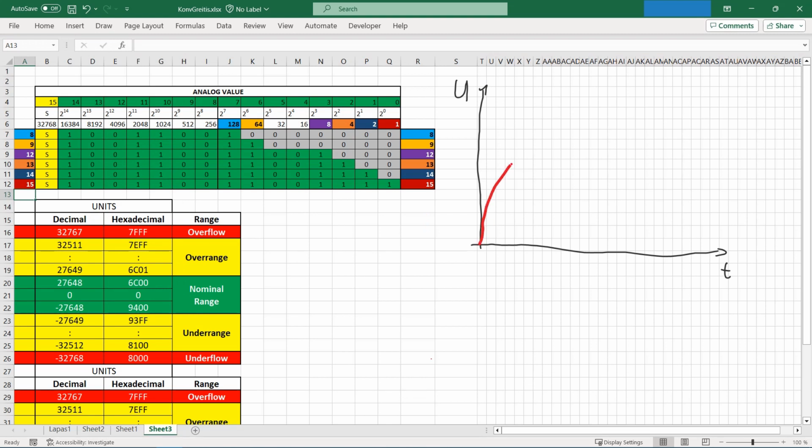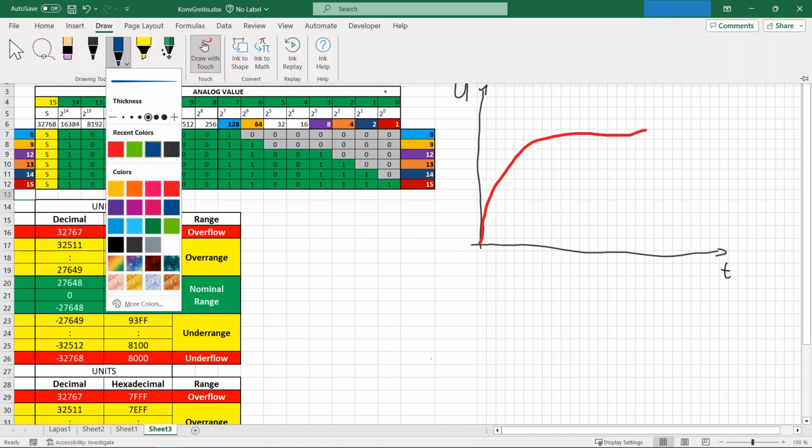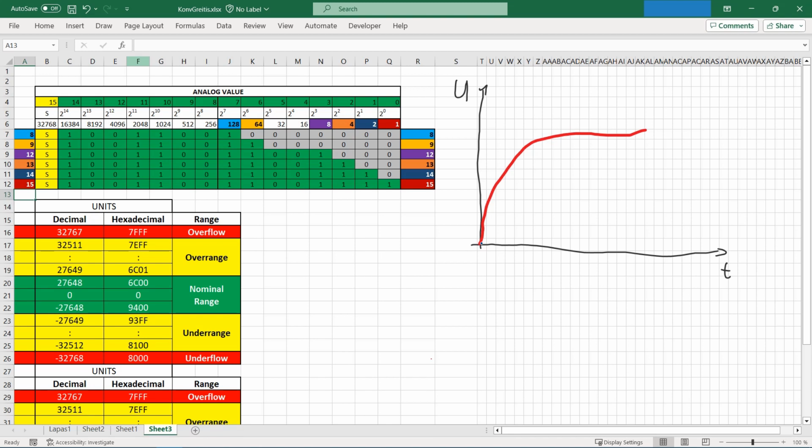Here is our analog value. And here is the approximation of that value.